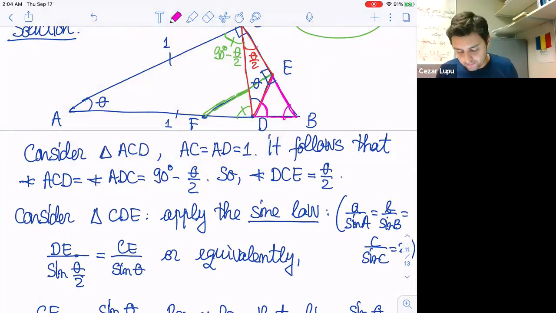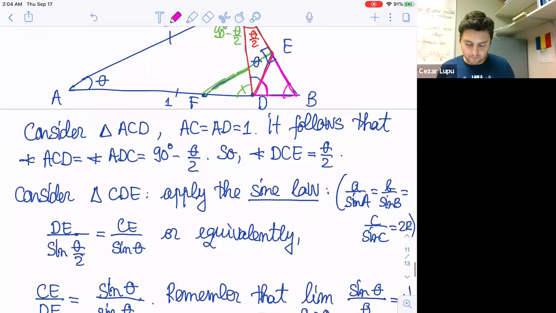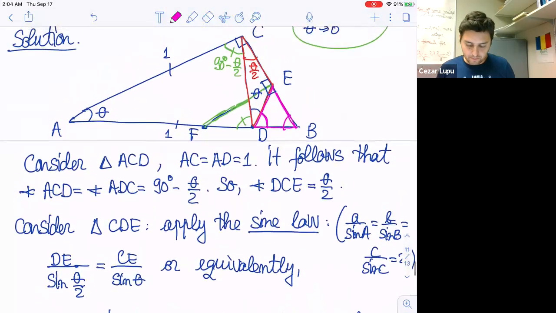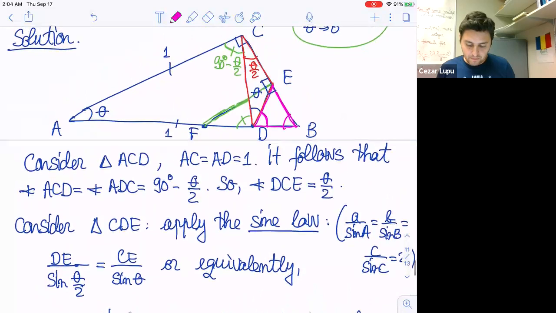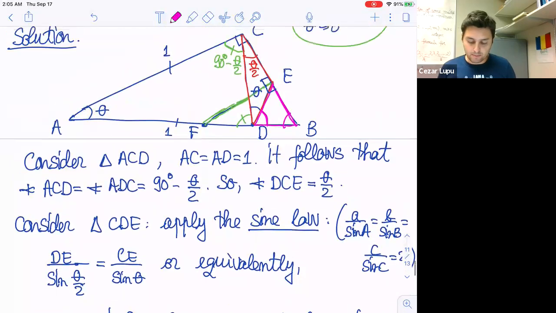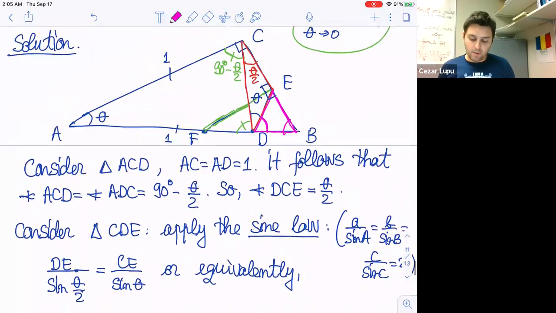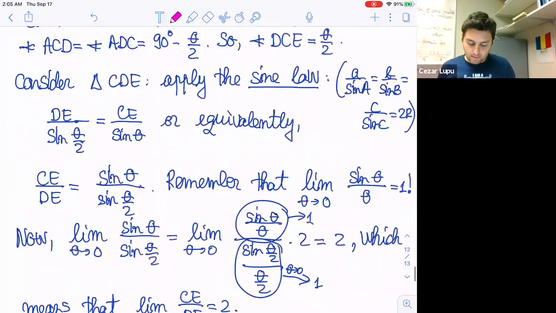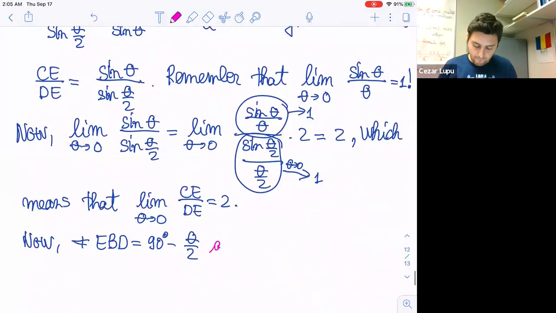Again, this angle will be theta minus... anyway.